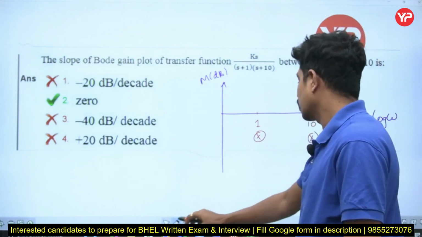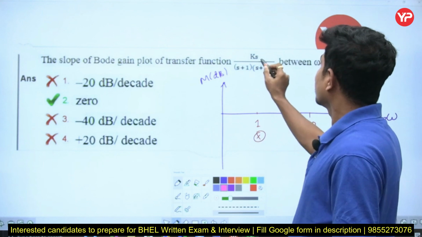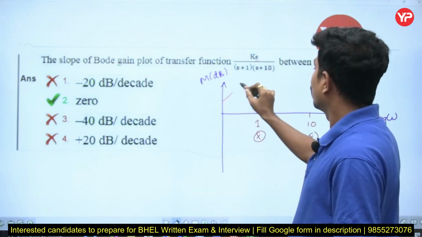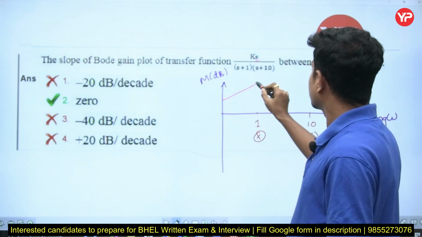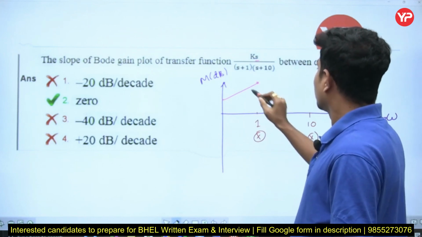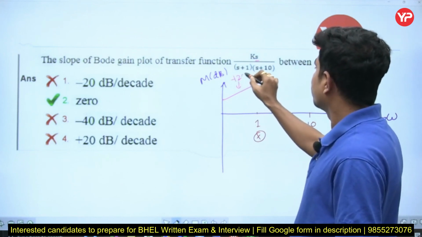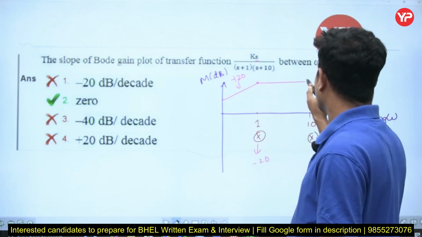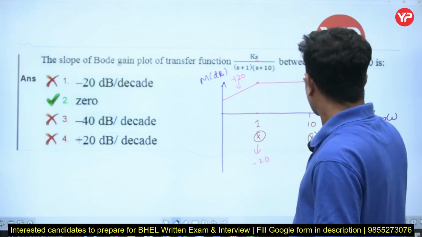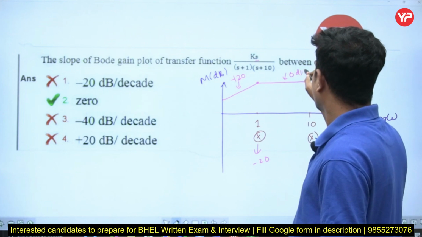Now if we observe carefully, initially there is a zero, therefore with plus 20 it rises till here. After that this is plus 20 dB per decade. A pole got added, that will introduce minus 20, that will become 0. Till here it continues, this is 0 dB per decade.